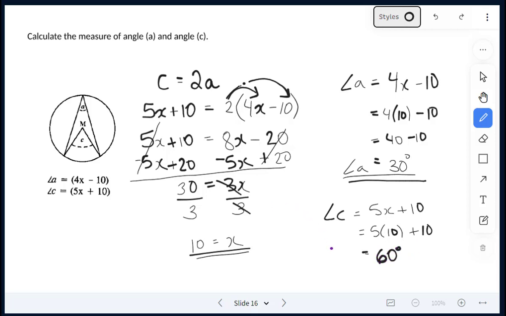All right, so there's our answers. Angle A is 30 degrees and angle C is 60 degrees. And that makes sense. Angle A is the inscribed angle. If it's 30 degrees and we double that, angle C would be 30 times 2, which is 60 degrees.